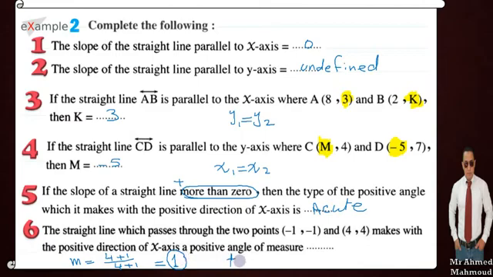Then tan theta equals 1. How can I find theta? As we took in trigonometry, theta equals shift tan 1, which equals 45 degrees. Then the answer here is 45 degrees.